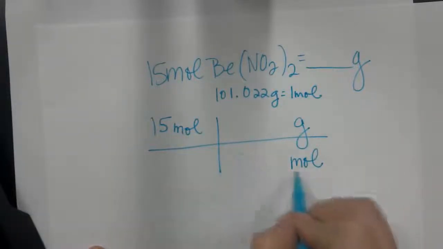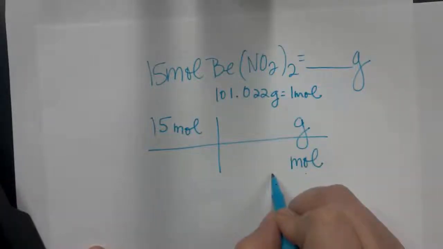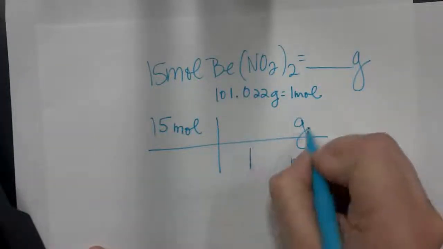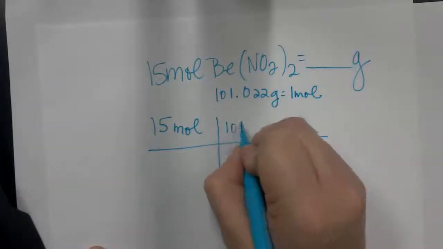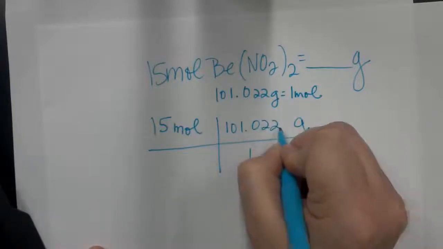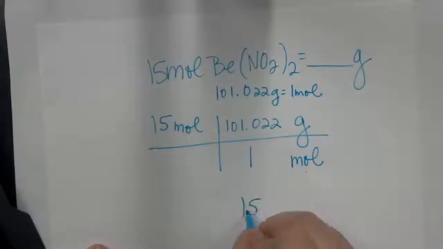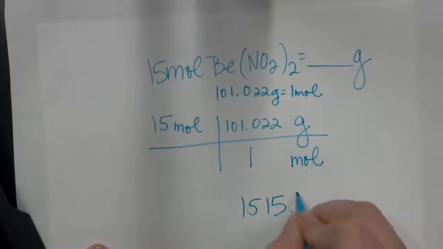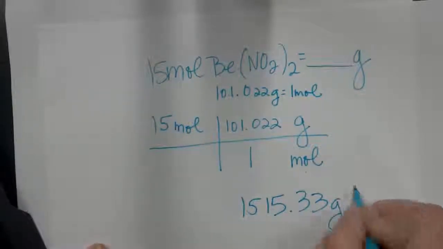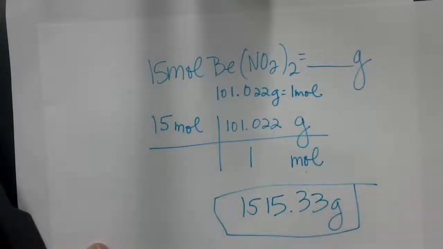Okay, so we slid that down there. We go back up to figure out what's in front of our moles. We just look up here and it's a 1. To figure out what's in front of our grams, it's a 101.022. We multiply across the top. We divide by the bottom and you're going to get 1515.33.